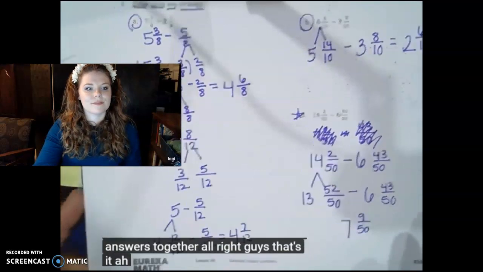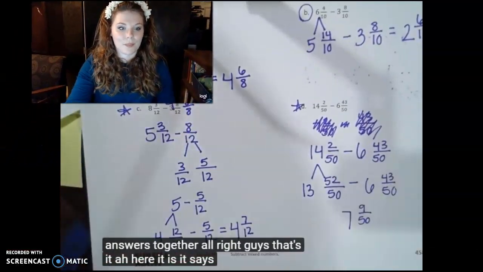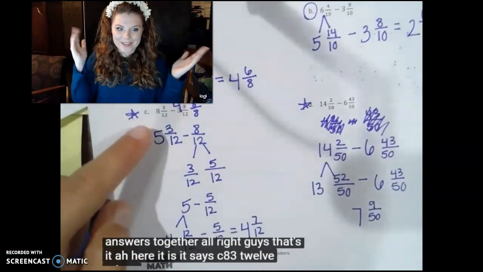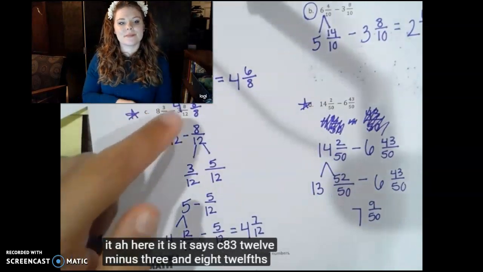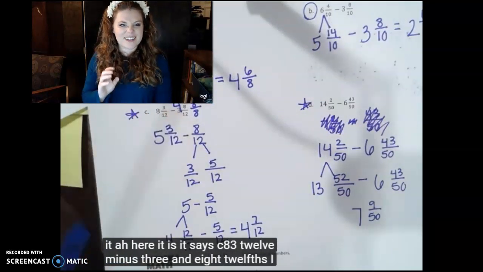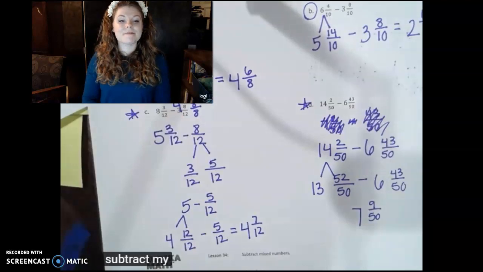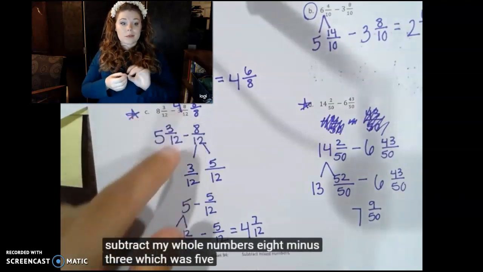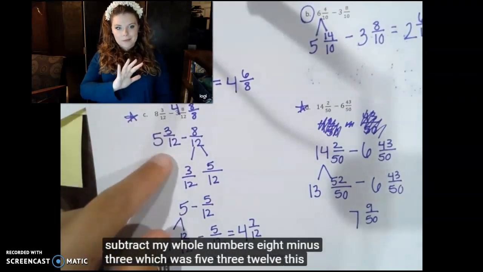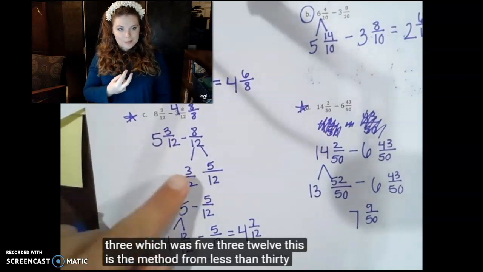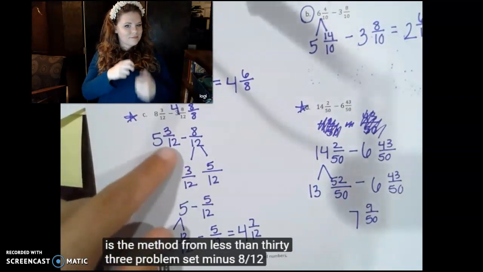Alright guys, here it is. It says C, 8 3/12 minus 3 8/12. I subtract my whole numbers, 8 minus 3, which is 5, 3/12. This is the method from lesson 33 problem set. Minus 8/12.